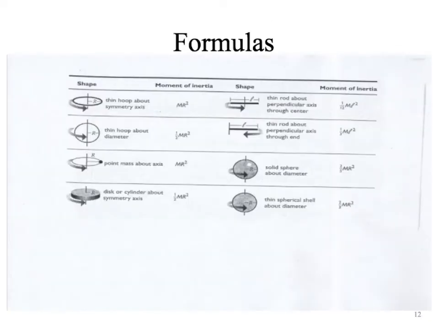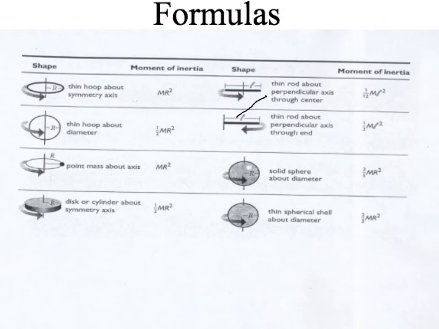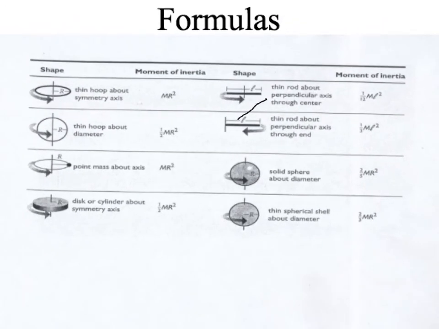But there are lots of different formulas, and these are some pretty typical ones that we're going to be using. You obviously can calculate your own if you'd like, but for the most part they're the ones we're going to be using. If you're ever in doubt which ones to use, just ask me. Sometimes it's obvious, sometimes it's not.